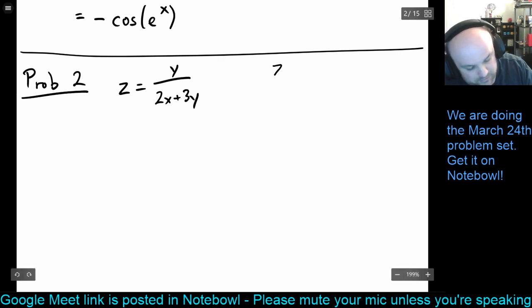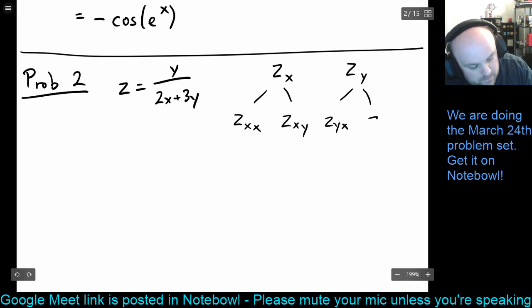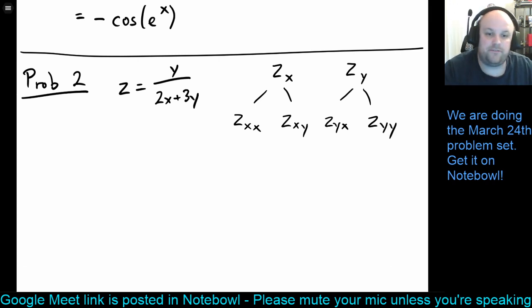So we have 2 first derivatives that we need to compute, and then each of those first derivatives gives us 2 more. So we have a total of 4 second derivatives, if we have just two variables.